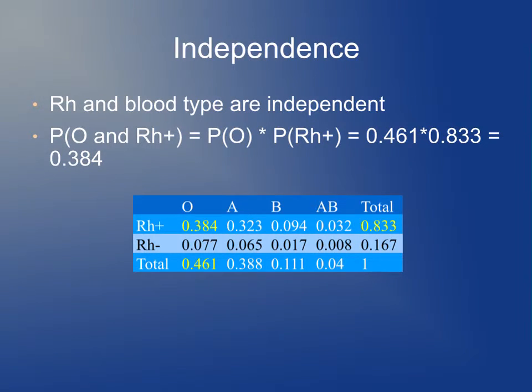Rh factor and blood type are independent, so if we want to find the probability that someone's O positive, that's the probability that they're type O and that they're positive. Since they're independent, that should just be equal to the probability of being type O times the probability of being Rh positive, which is 0.461 times 0.833, which is approximately equal to 0.384 after rounding.